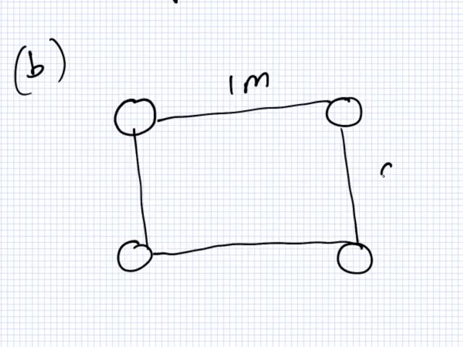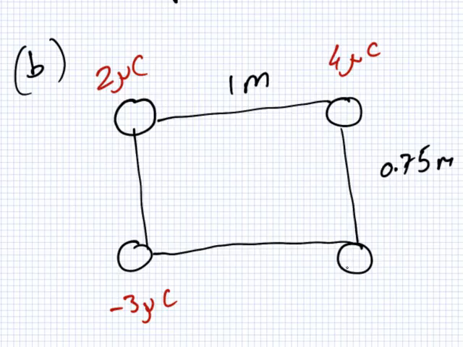Right. So what we have here is 4 charges. This is 2 microcoulombs. This is 4 microcoulombs. This is -3 microcoulombs. And this is 9 microcoulombs. And we are in the center, and we want to know what is the electric field strength at the center.